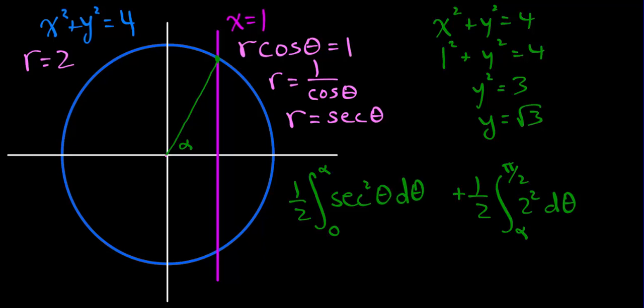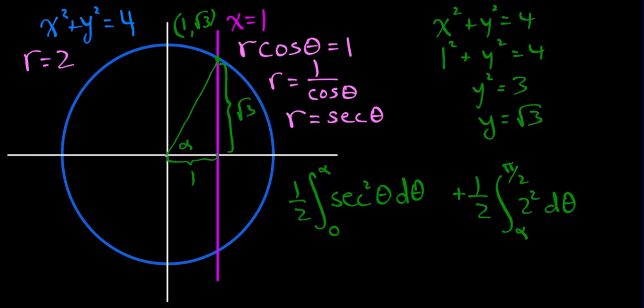So we've got the point 1 comma square root of 3. Well, that's helpful, right? So in this triangle, we've got 1, and then this height here is the square root of 3.